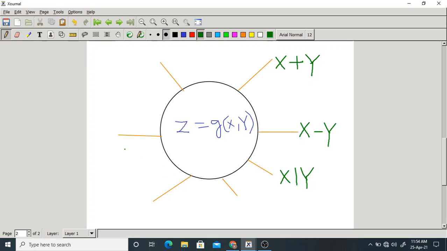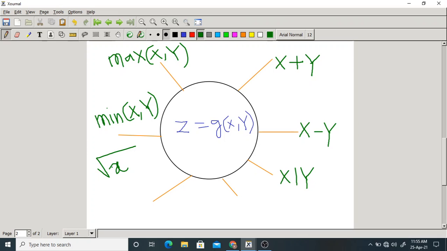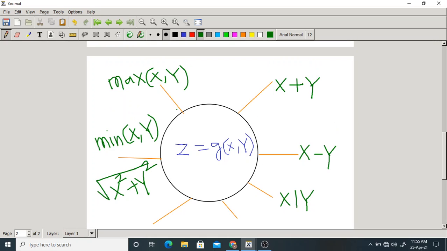Or there are some order pairs, like maximum of x comma y, or minimum of x comma y. Not only this, there are several other relations you can find, such as x square plus y square. Like this, we will see how to deal with these kinds of problems.